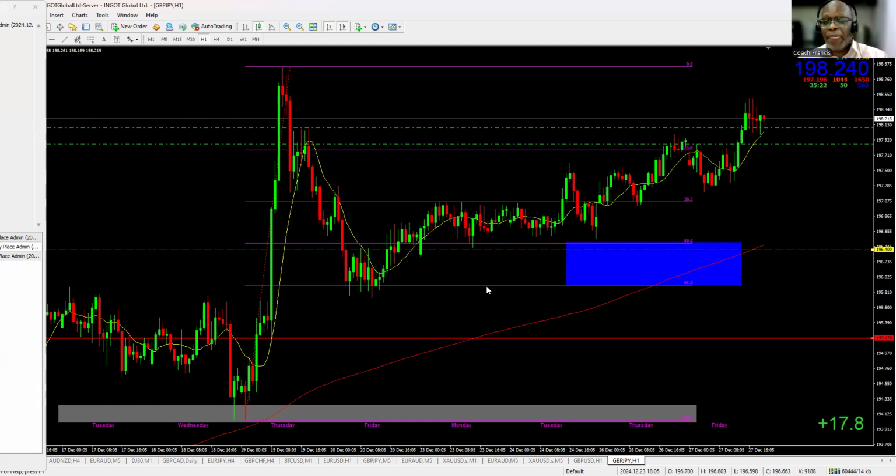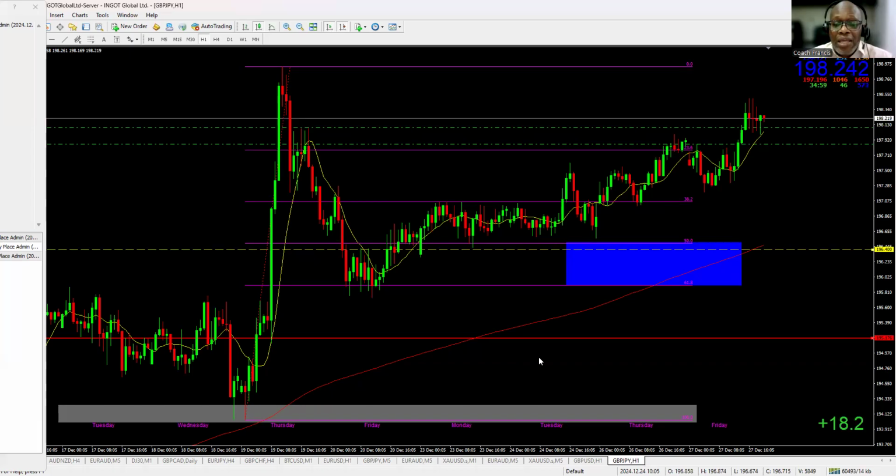Just to say, guys, the price would not always come to the golden zone, depending on how strong the trend is. The price could come to just the 23.6 here, or it could drop to the 38.2. Or in this case, it did go into the golden zone.